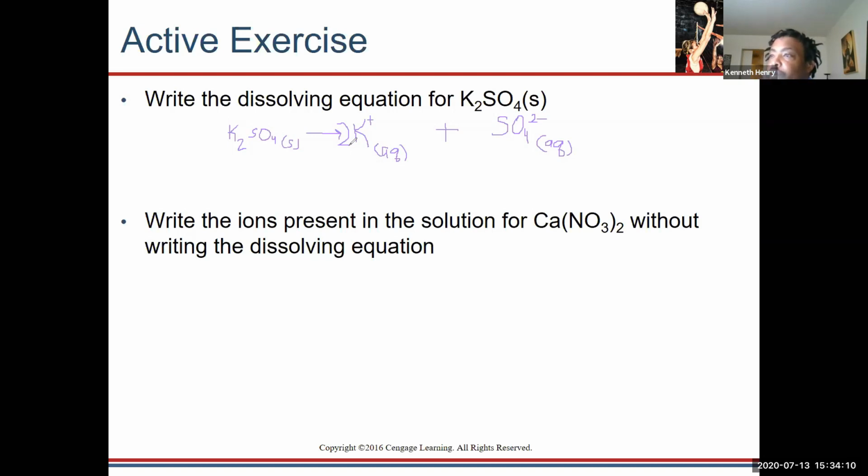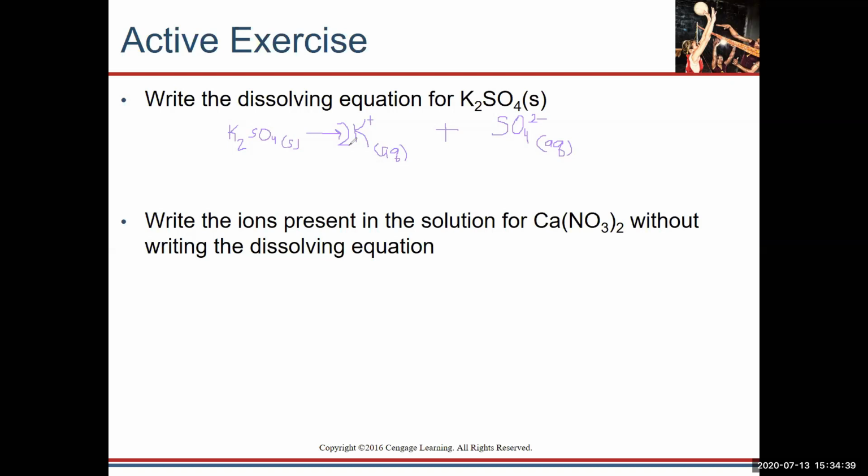Okay, so what about the next one? It says write the ions present in the solution for calcium nitrate without writing the dissolving equation. So they just want the ions. What ions are you going to get?